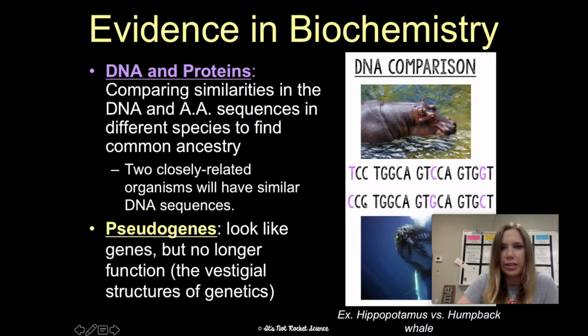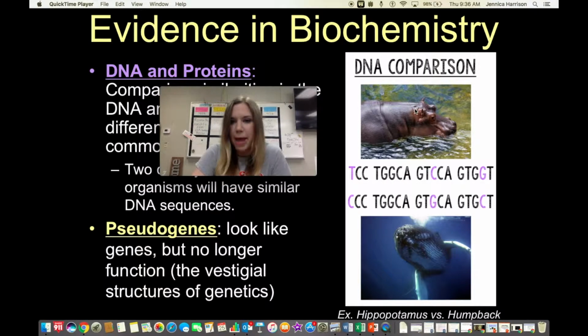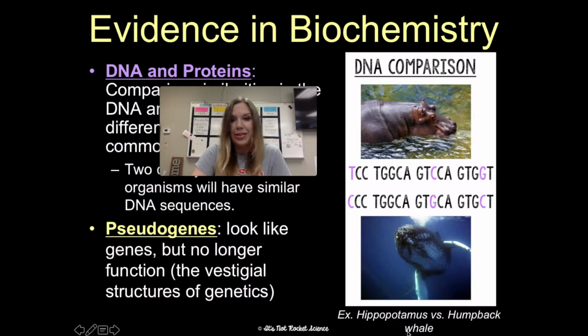Over here, if we look at these two sections of pseudogenes, between I think a hippopotamus and a humpback whale, we can see that they have very similar structures of DNA, except for maybe a difference here, a difference here, and a difference here.